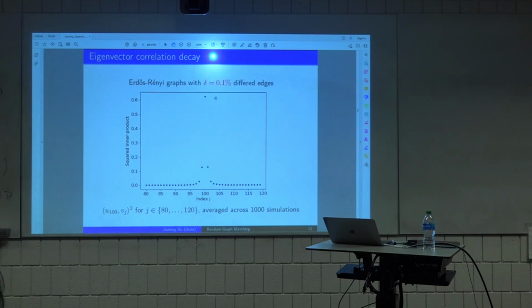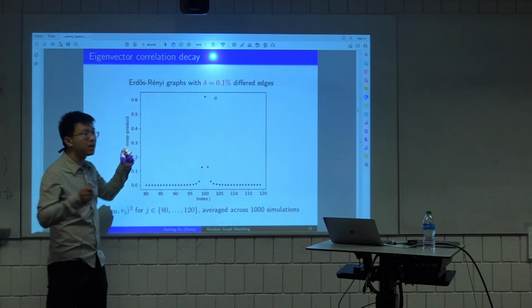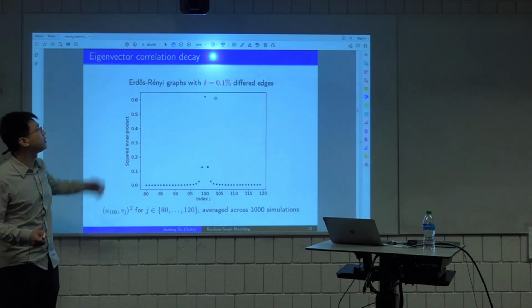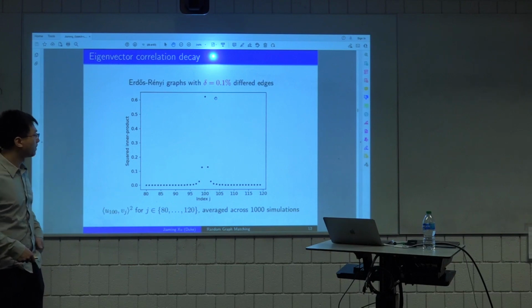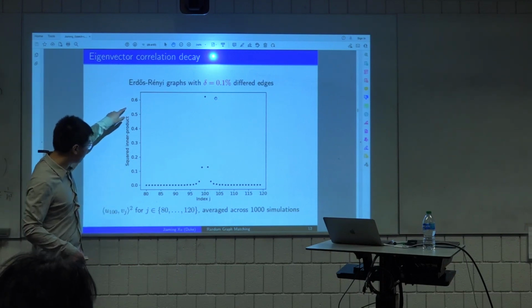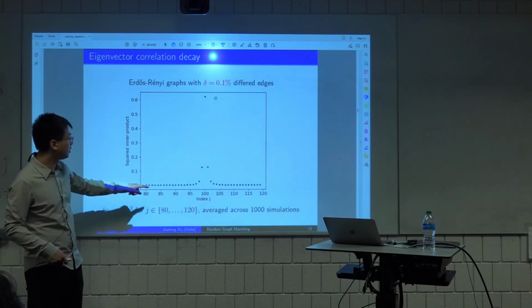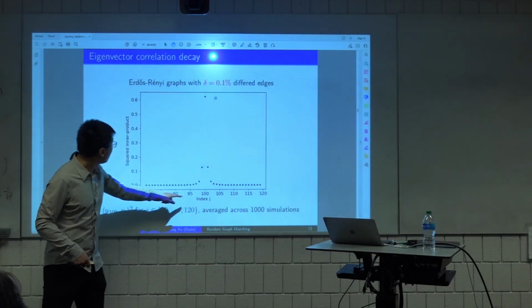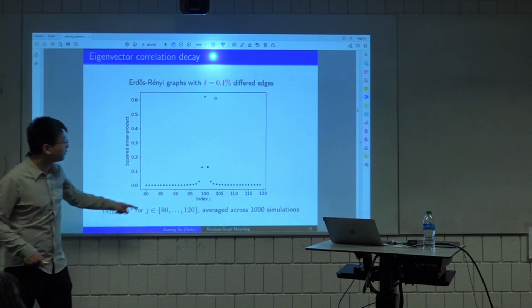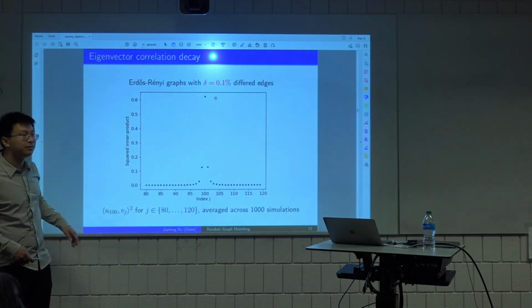But if you add a little bit of noise, you see something changes. In this case, my two graphs differ by 0.1% of edges. You can see that U100 is still correlated with V100, but U100 is also correlated with some Vj for j close to 100.